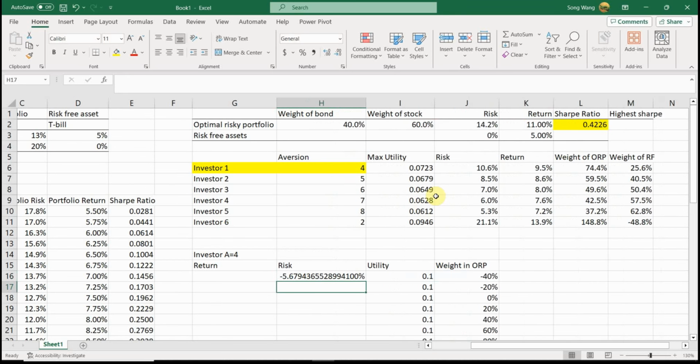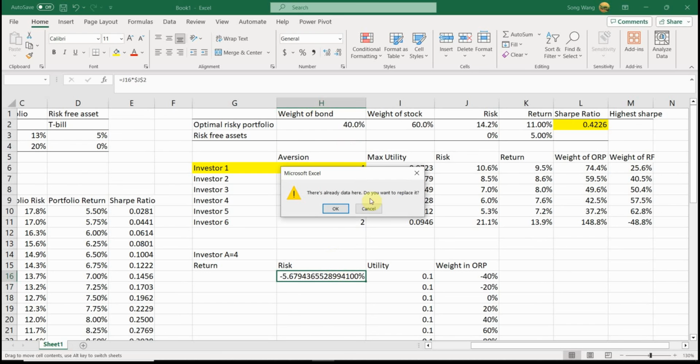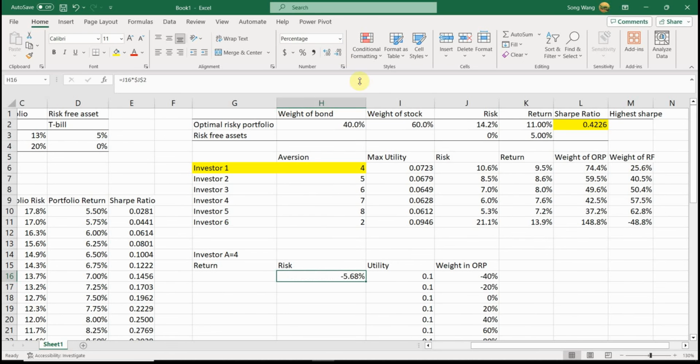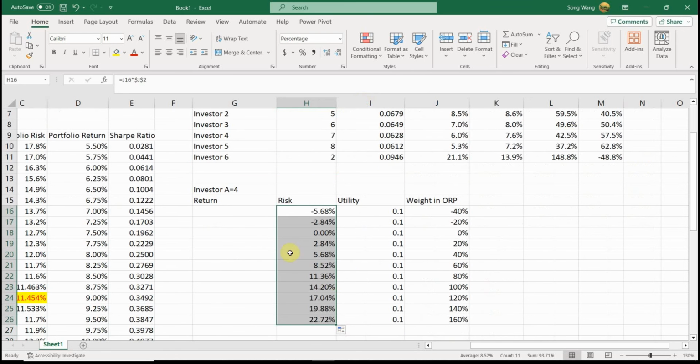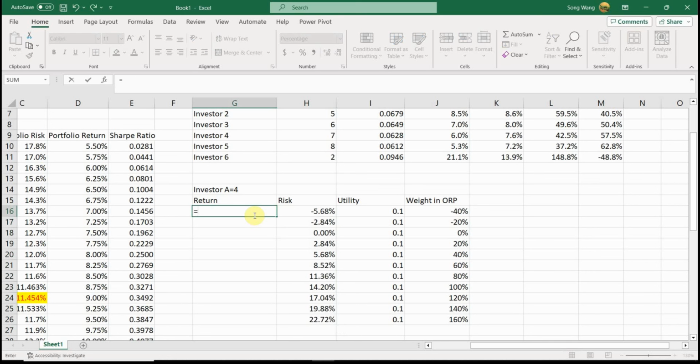Okay, so decrease the decimal, and then just duplicate the stuff.